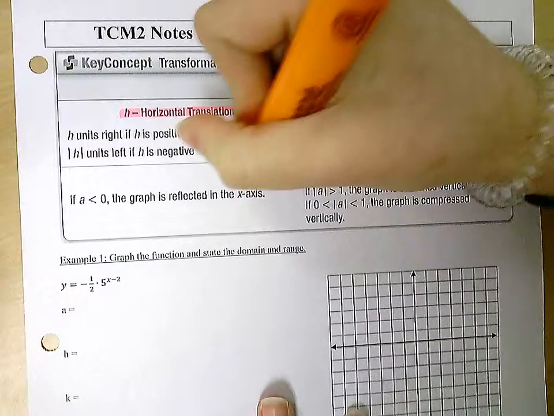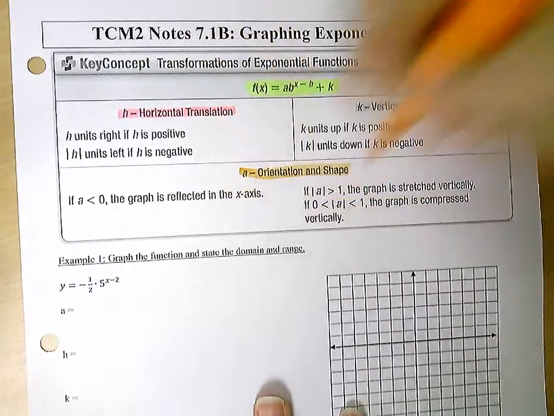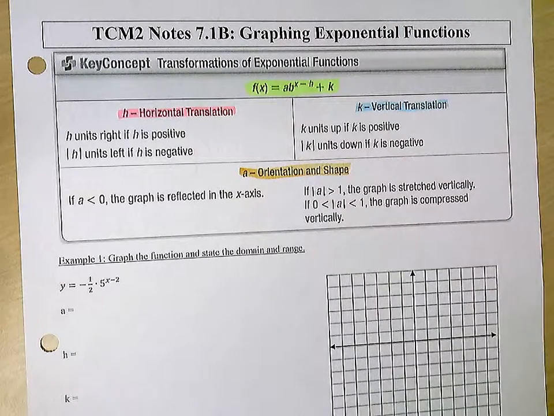And then the last one, a, is your orientation and shape. So if that a value out front is negative, it will reflect it in the x-axis. If your a value is greater than 1, so say it's 2 or 3 or 4, it stretches your graph out vertically, so it makes everything further away from each other.